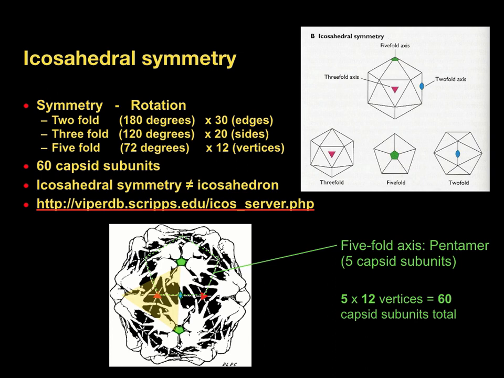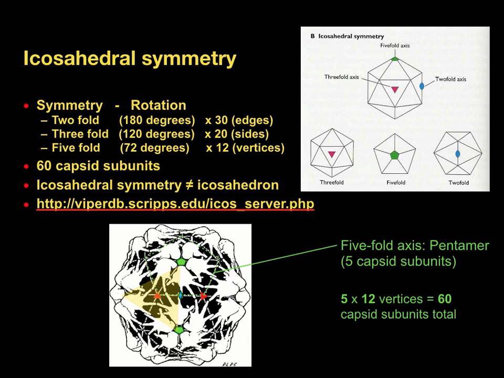Let's start with the fivefold axis. That would be the vertices of the icosahedron. So that means that if you rotate this 72 degrees, that is basically 360 divided by 5, you find the same image.